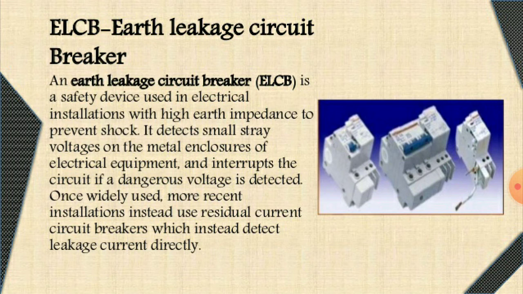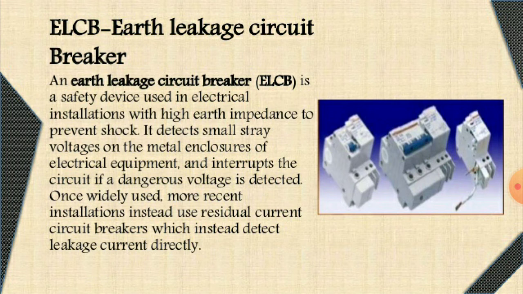Next is ELCB. ELCB is also a circuit breaker, abbreviated as ELCB from earth leakage circuit breaker. So earth leakage circuit breaker is also a safety device which is used in all the electrical installations. This ELCB is a device with high earth impedance, which is used for protecting the operator or any animals passing by against shock.